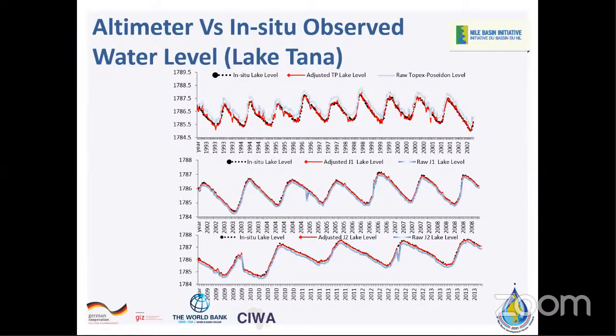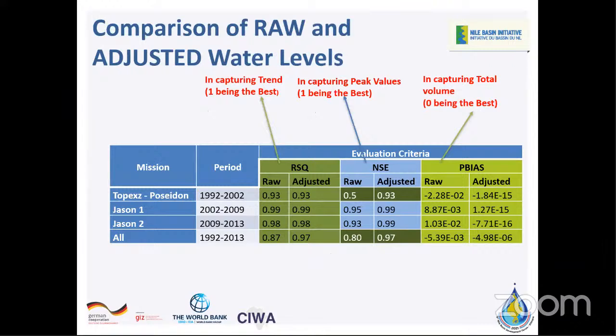Statistically, we compiled a comparison of the data sets for each specific mission. For TOPEX/Poseidon, before and after correction, the root mean square error, the Nash-Sutcliffe coefficient, and the percent bias were computed.